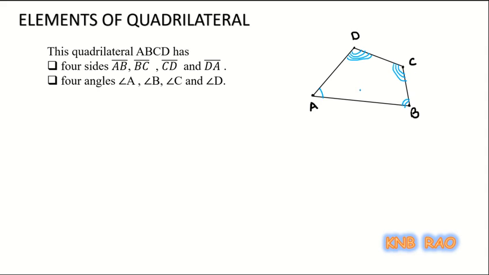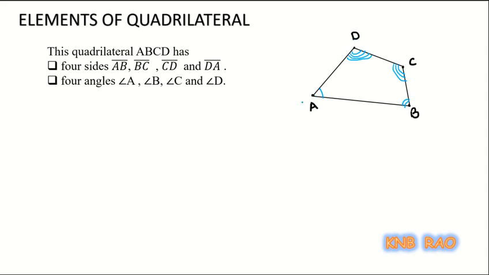See children, if I join a pair of non-adjacent vertices, you know, vertex A is adjacent to B because they are on the same line segment. Vertex A is lying on the same side AD along with D. Therefore, A and D are a pair of adjacent vertices.